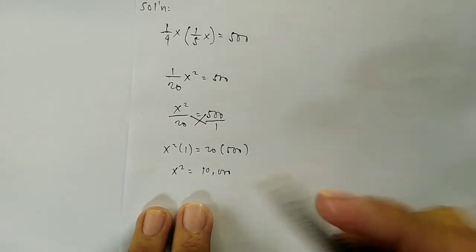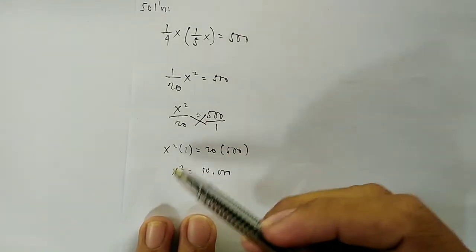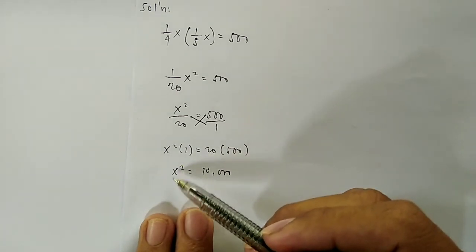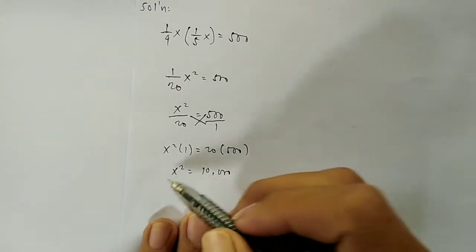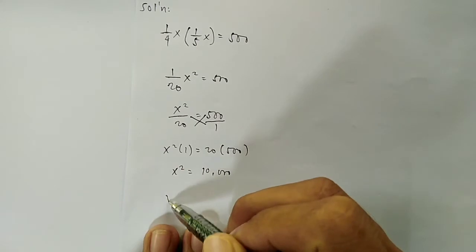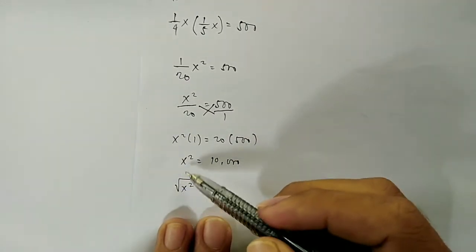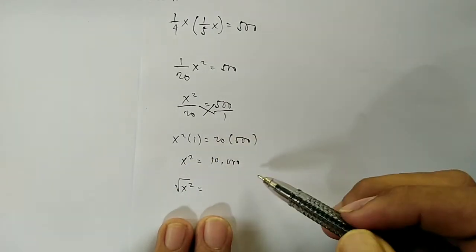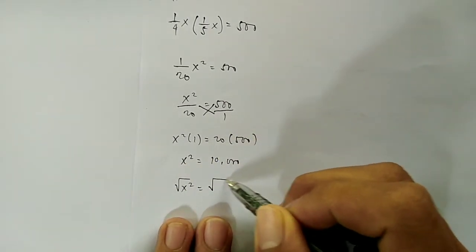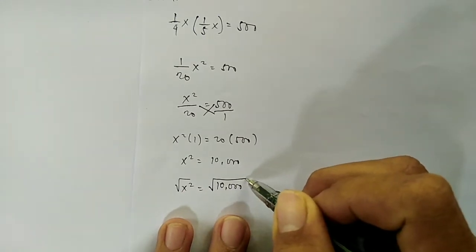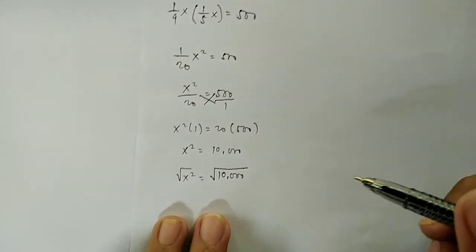Next, our purpose is to find the value of x, but since x has an exponent of 2, we eliminate that by getting the square root of x squared. Whatever we did on the left side must also be applied on the right side, so we also get the square root of 10,000.